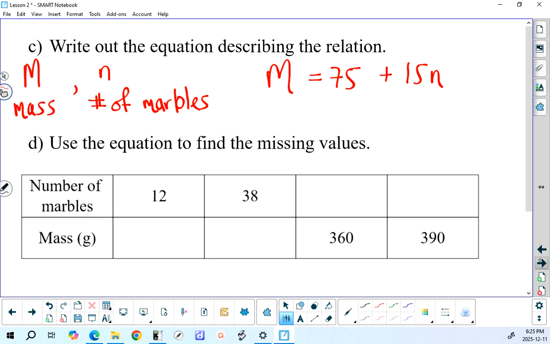I mean, think about that for a second. You have a box that has a mass of 75 grams, and each marble you put in the box has a mass of 15 grams. What's the total mass? Well, 75 grams for the box plus 15 grams times however many marbles you put in there.